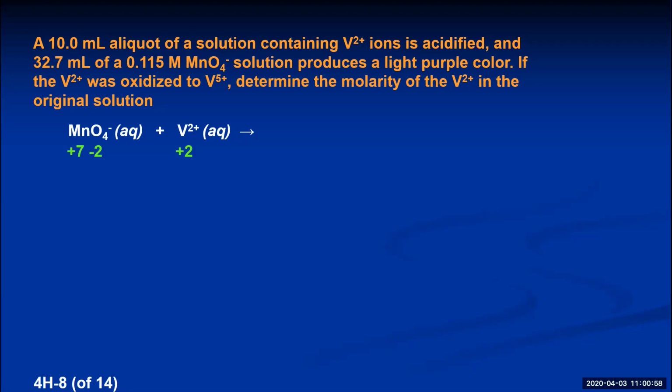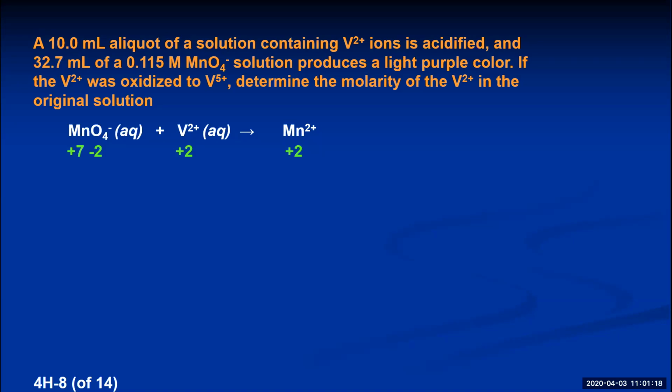Well, they said the solution was acidified. That means they probably put a couple of drops of acid into the flask at the bottom. So when the permanganate drops into there, it's going to do a reduction in an acidic solution. And we've learned that manganese gets reduced from +7 down to +2 in an acidic solution. So that's a reduction.